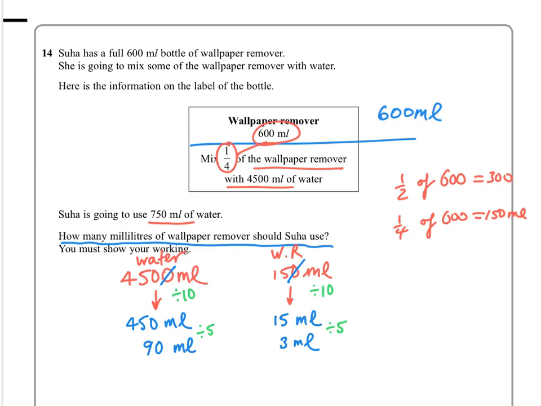Then I'm going to divide both sides by 3. So that's going to give me 30 mils of water is 1 mil of wallpaper remover.